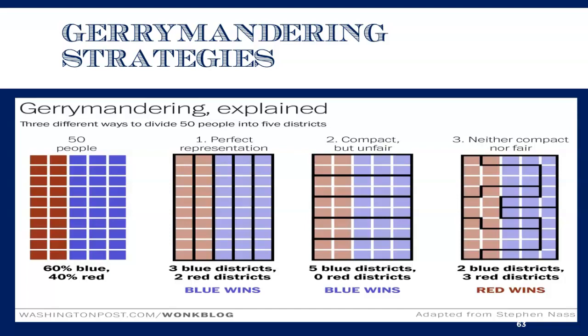So right here, based on these lines, the blue only won 2 of the districts and the red won 3, so therefore red wins. So you take what's obviously a majority blue and draw it up to make it majority red. And that's gerrymandering explained.